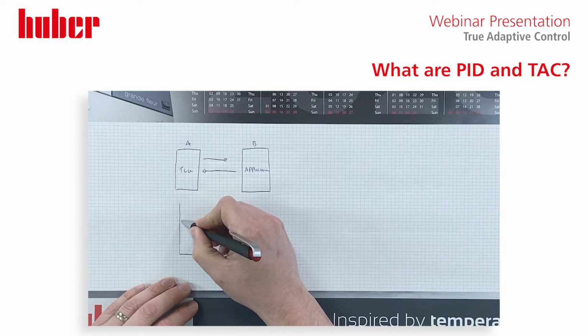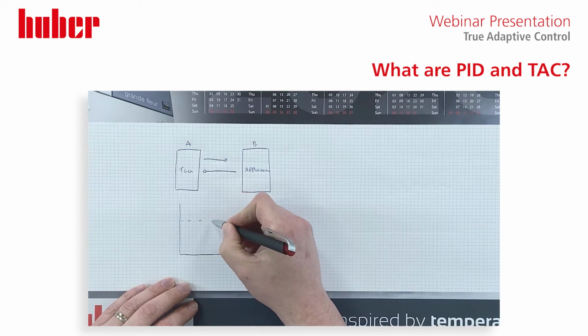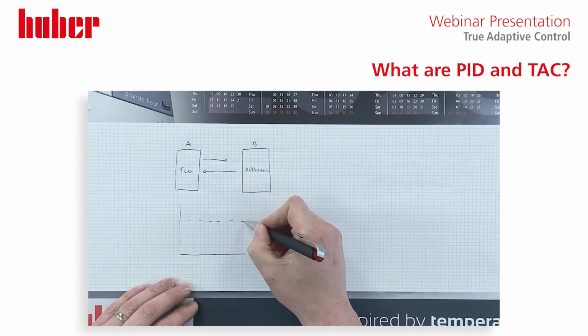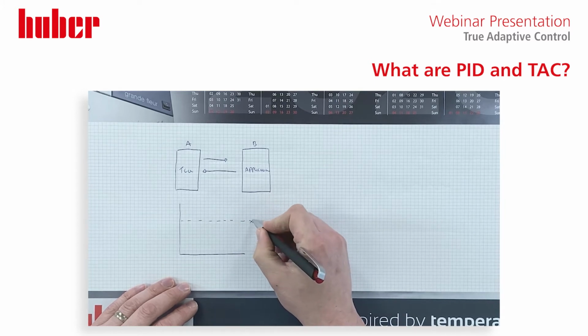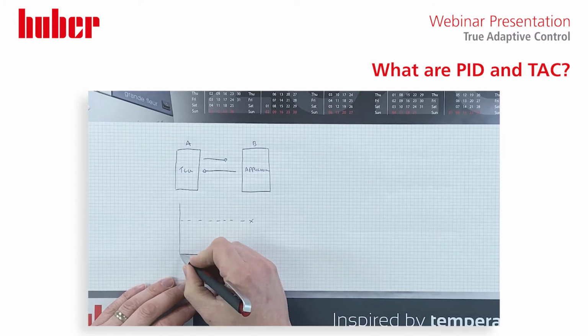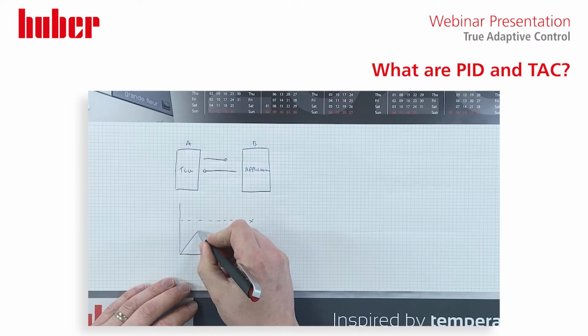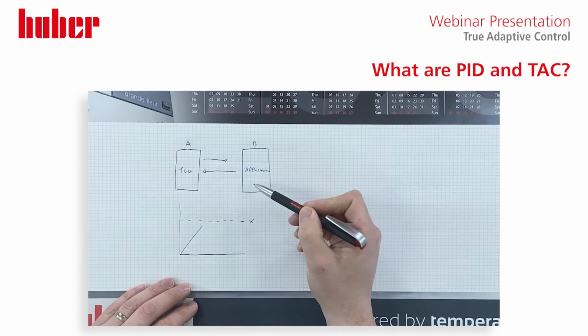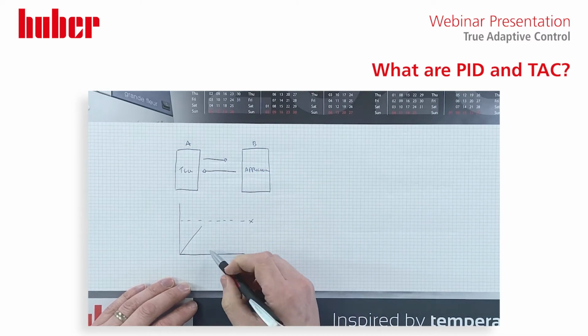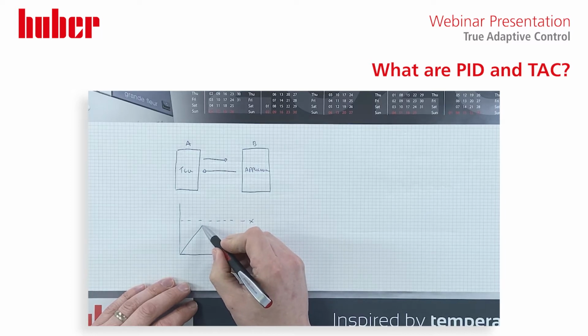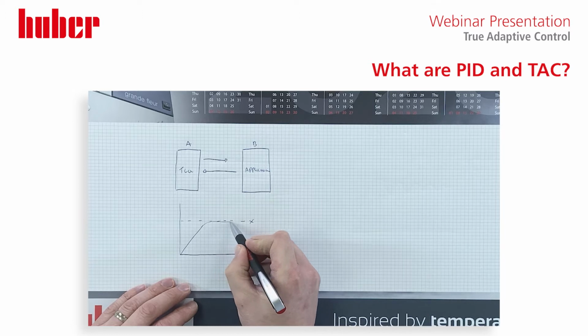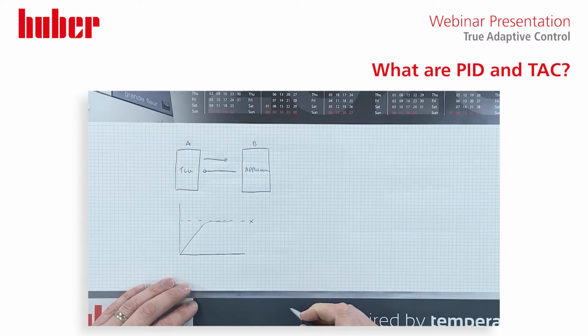So say that we have a set point here. We'll call this line X. And when heating up, due to the distance of the application from the TCU, at what point does the machine slow down? So you get a nice curve and you hit your set point perfectly.